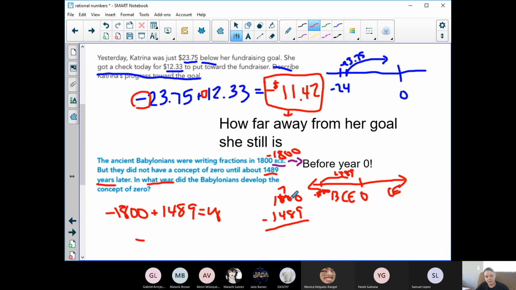So this is going to be a 7, it's going to be a 9, 10, 1, 1, 3, 11. All right, so I have negative 311 for my answer. Since we are talking about a year that something happened, would I leave my answer as negative 311, or would I write it as 311 BCE?